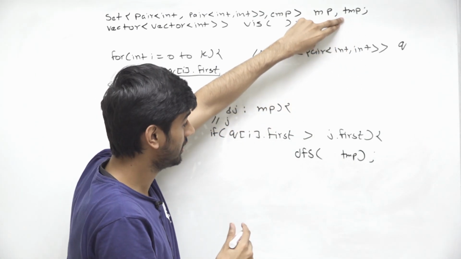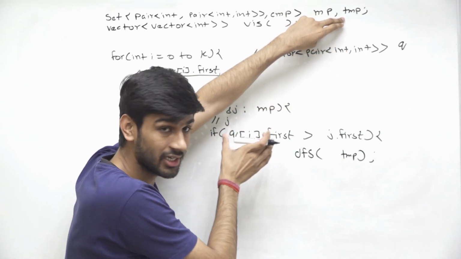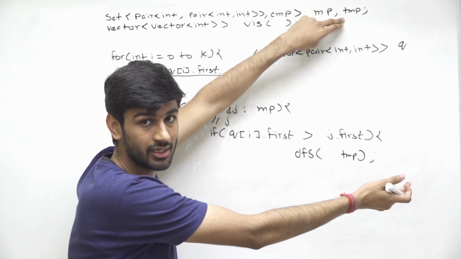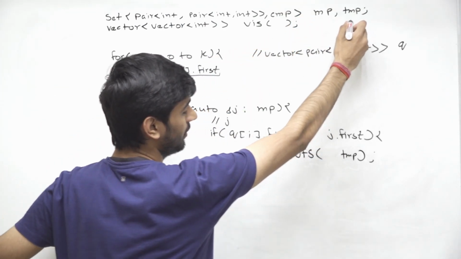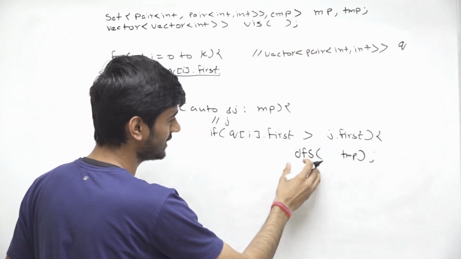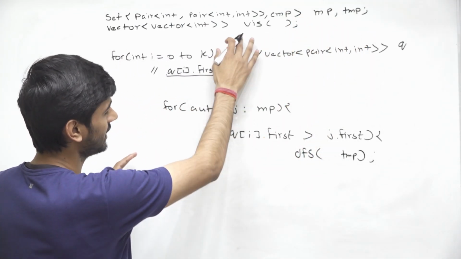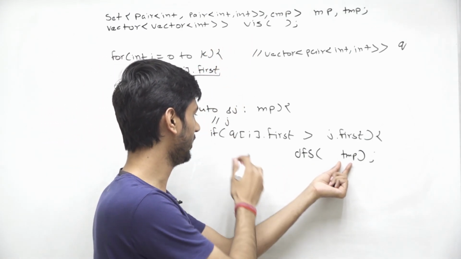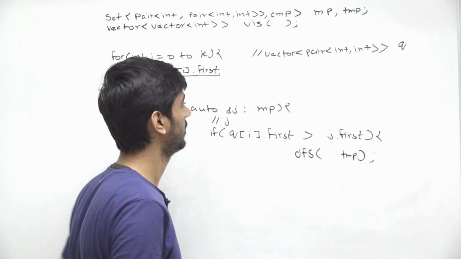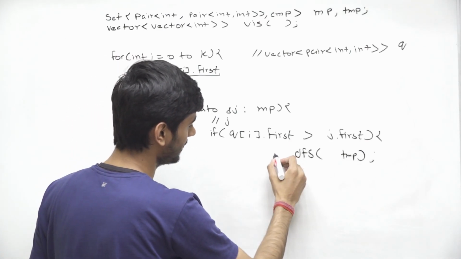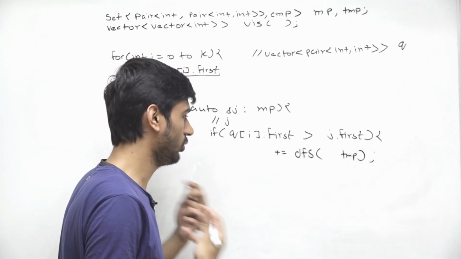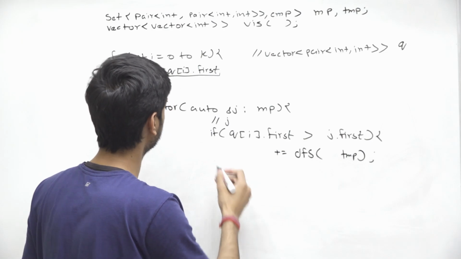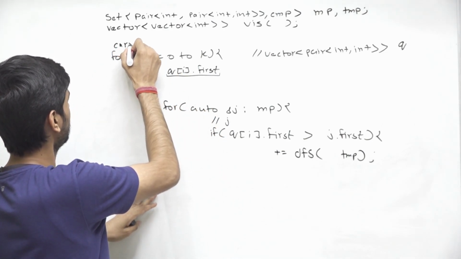That means the values that can't be traversed for this current query but will be considered in the next query will be stored in this temp, right? So we are assuming that this DFS will mark everything it visits as visited, and then put the values which are greater than this in this particular map. Okay. Now let's say it will return the number of nodes that it traversed. So let's have a variable current, right?